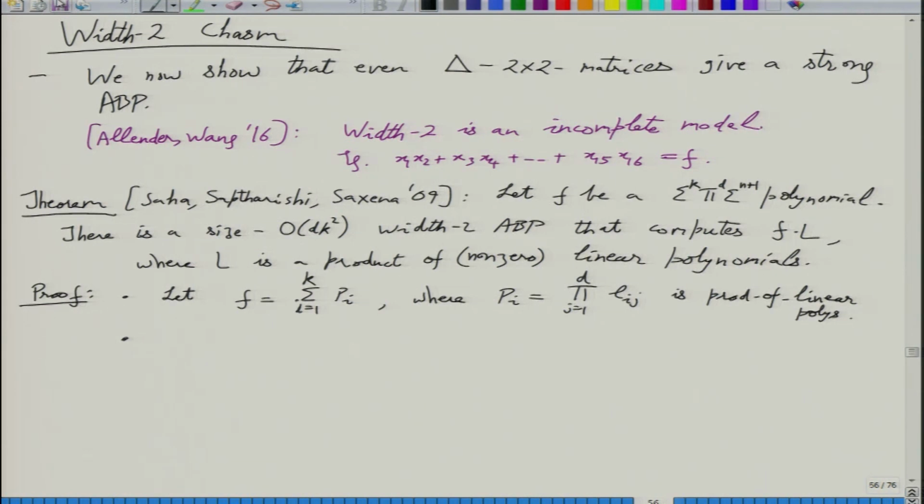Pi. So how do I express Pi as a product of 2 by 2 matrices? For Pi I will do this. Kind of the obvious thing: Li1, dot dot, Li d minus 1. So in the top left entry you have computed almost the product Pi.